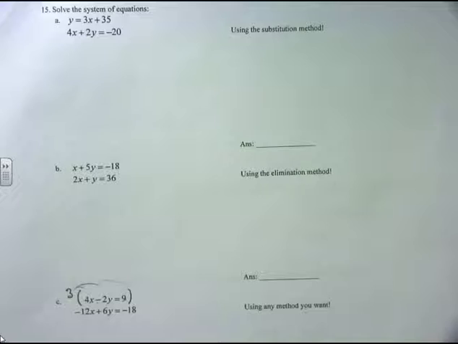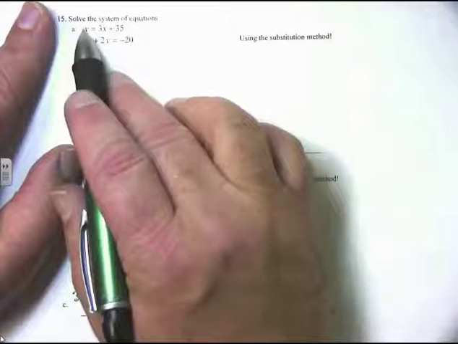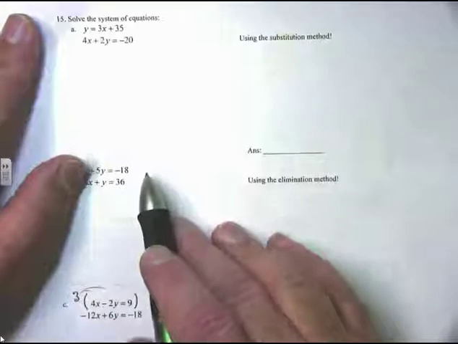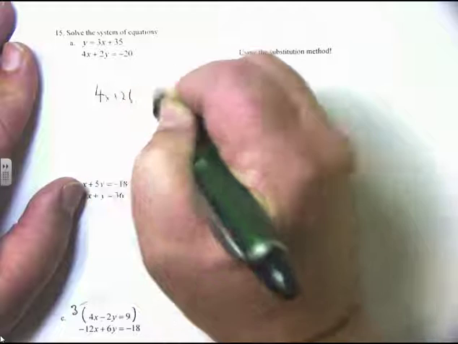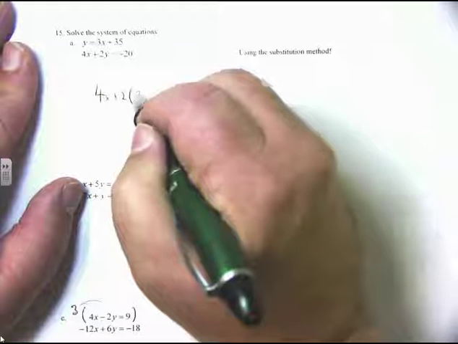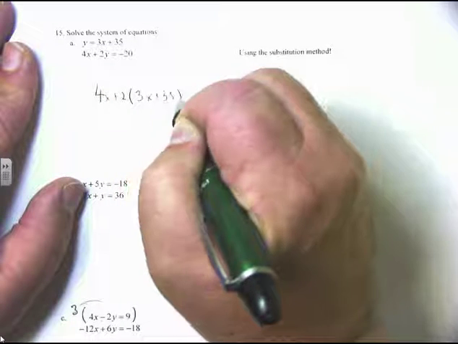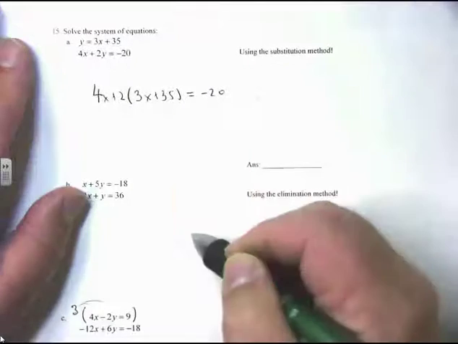Okay, solving for this thing here. Since I already got y equals in terms of the other equation, substitution is almost the obvious choice here. So I'm going to take my second equation, which is 4x minus 2y, and I'm going to replace that y, substitution, with the 3x plus 35, and set it equal to negative 20.